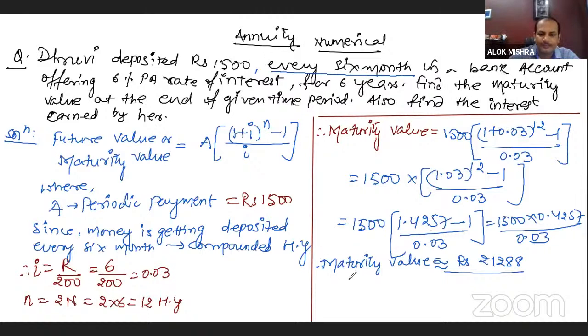Is this fine? Therefore, what is the value of interest earned? Interest earned is nothing but, as I had given the formula yesterday, maturity value minus small n into A. How much money is getting deposited by her? So maturity value is 21288 minus 1500 into 12.